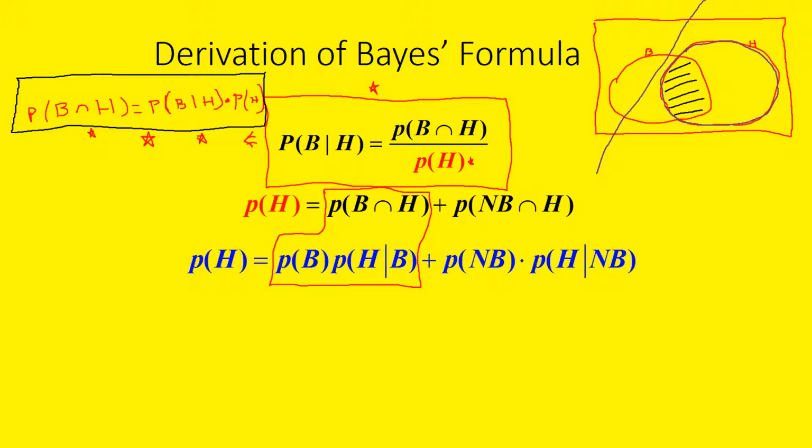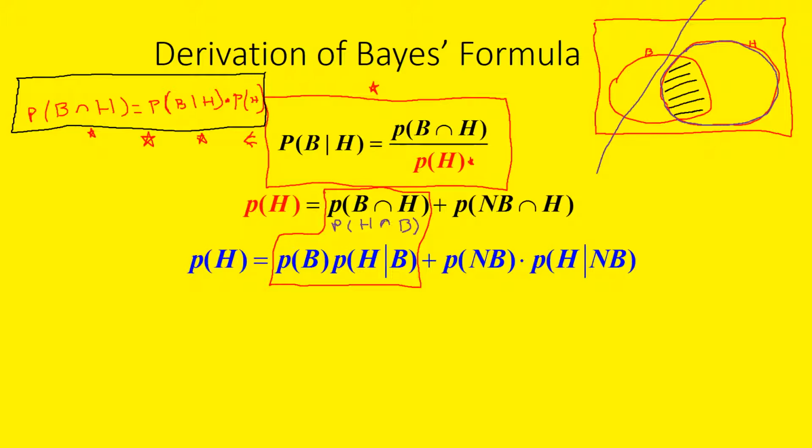Well, if you think about it, that probability of B and H can be rewritten as the probability of not balding and heart attack can be. So we're going to rewrite both of those probabilities. Okay, so big concentration right now.